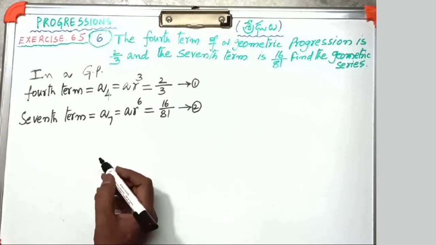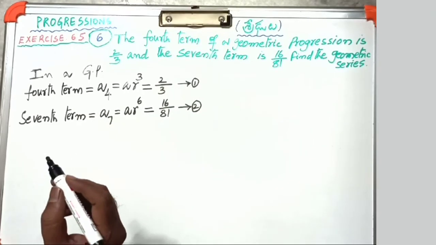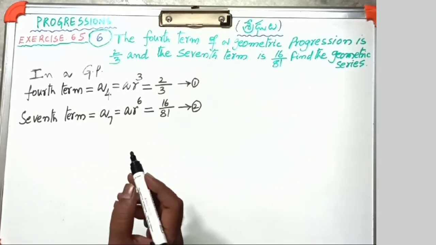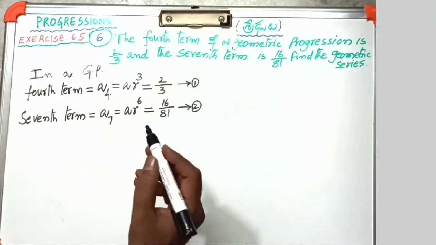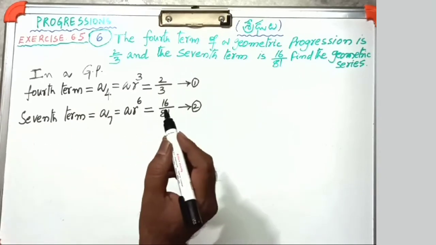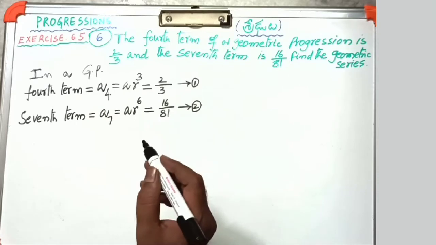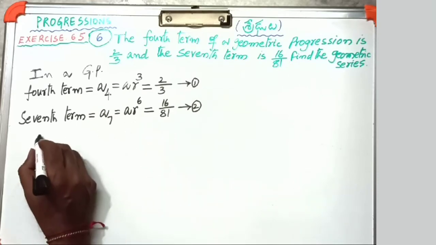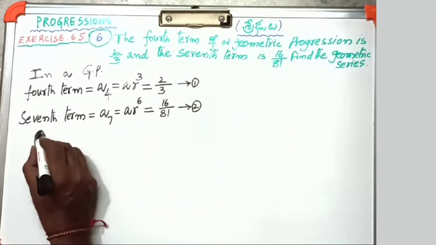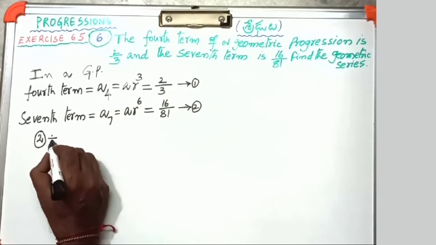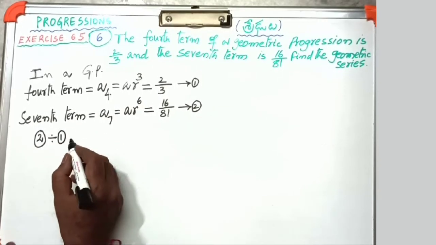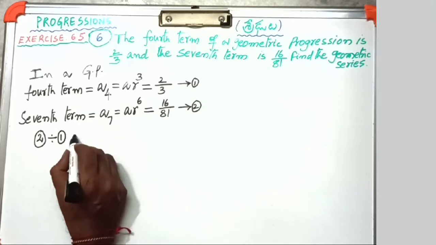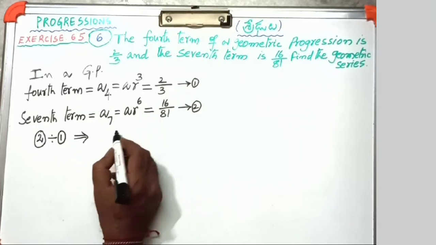In geometric progression problems we have to divide. In arithmetic progression we have to solve 1 and 2, but in geometric progression we have to divide 2 by 1.